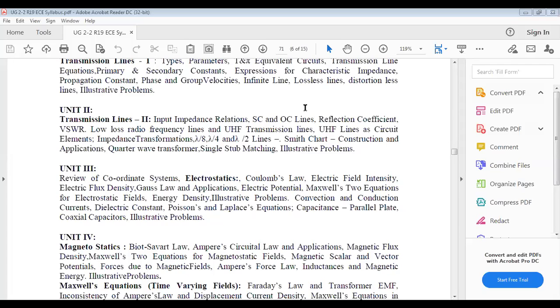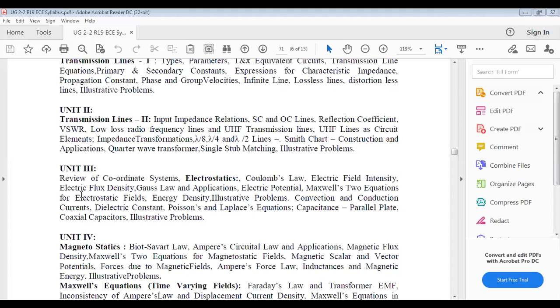Here also we have electrostatics, electromagnetics, and their combination, as electrostatics and magnetostatics.